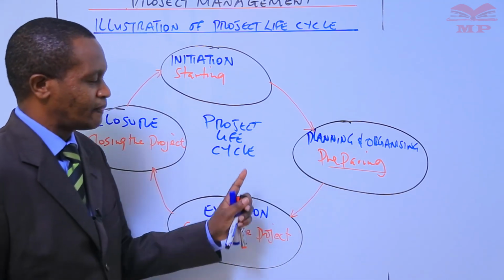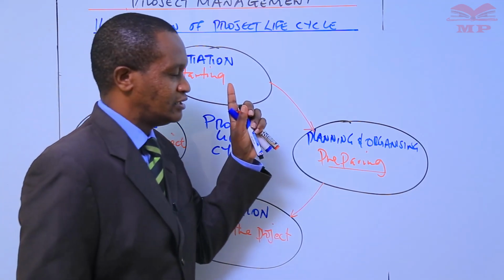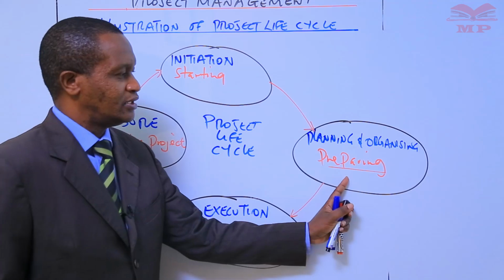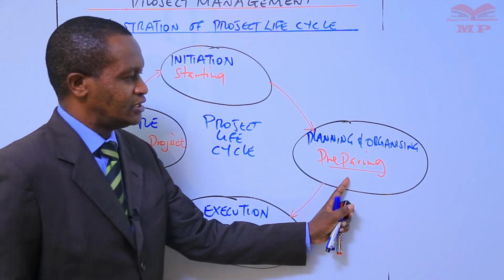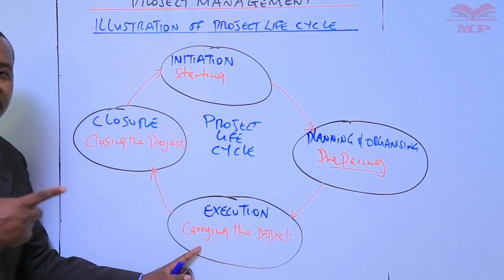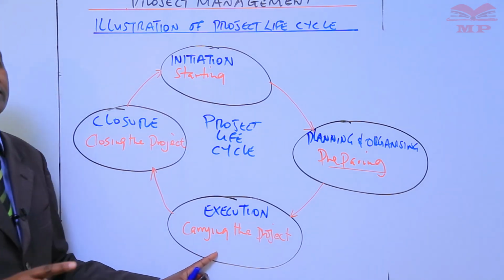The success or failure of a project heavily depends on the plan. If the plan is well drafted and organizing is properly done, then execution becomes easier. Carrying out the project.